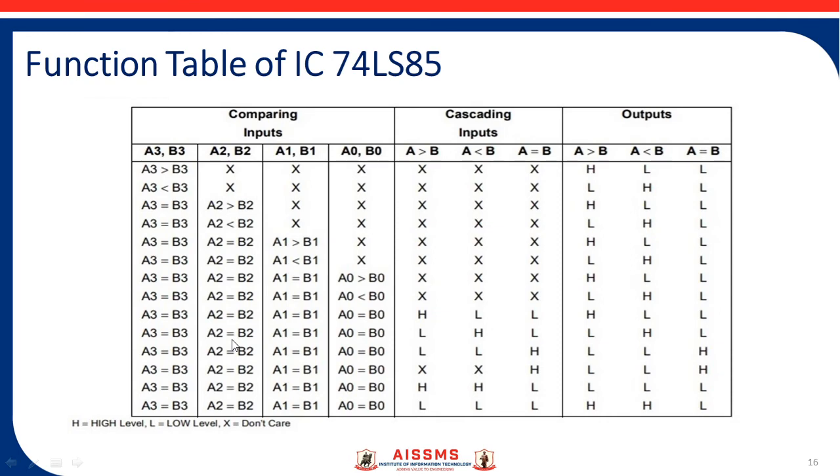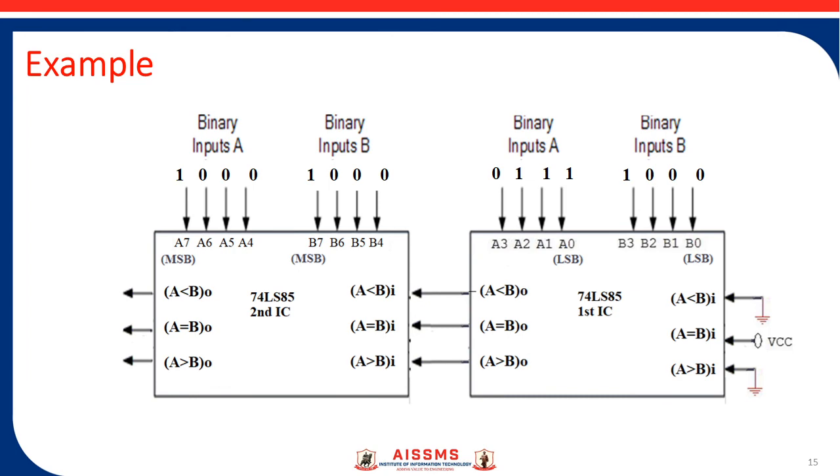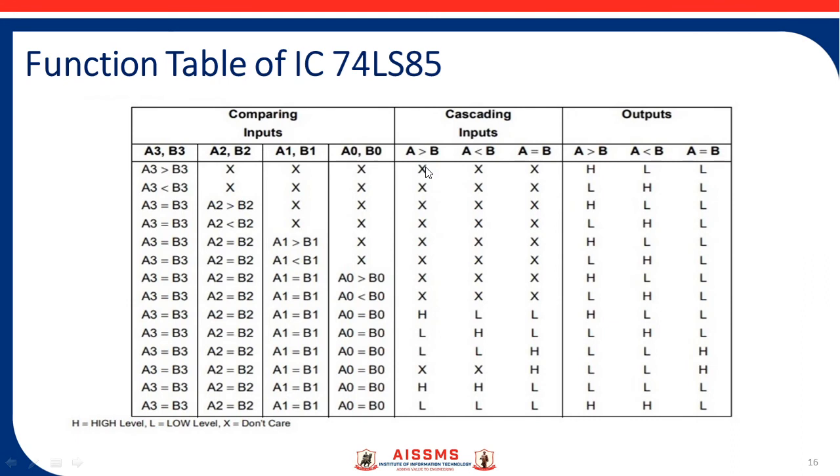So for that, this IC will check the cascading inputs. Cascading inputs are A less than B is high and the other two are low. So you have to check this condition. This IC will check this condition, low, high, low.